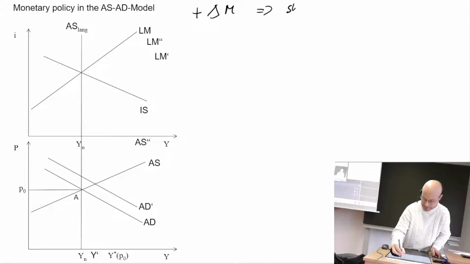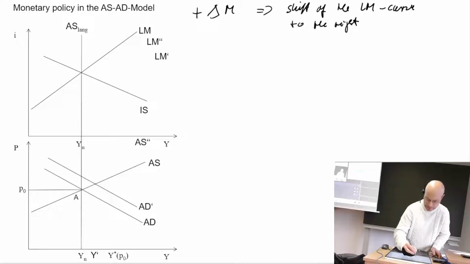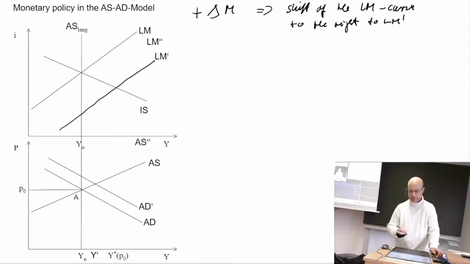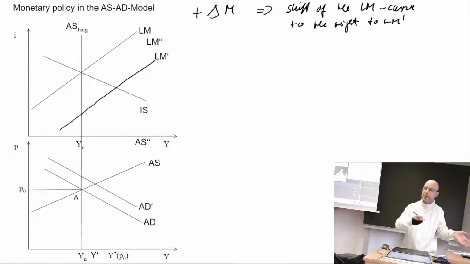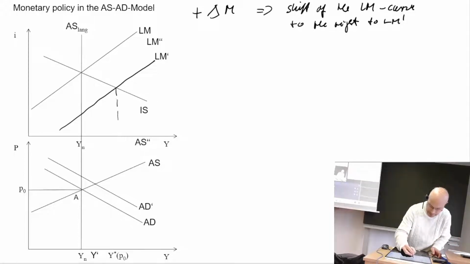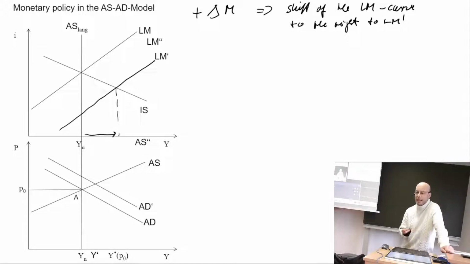Yes, again, we had it just, I think, an hour ago at the starting point of our lecture today. Then a shift of the LM curve to the right, to LM prime. But again, and this is a similar argumentation as in fiscal policy, we have this shift here. So income is increasing.